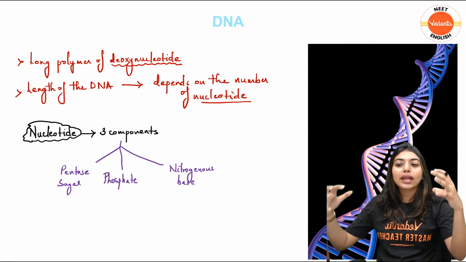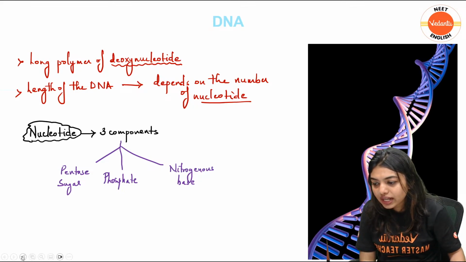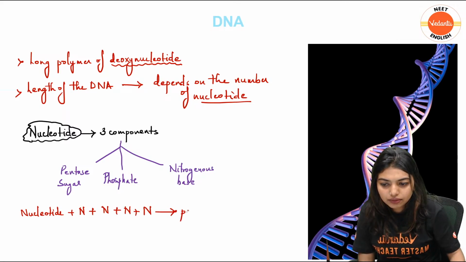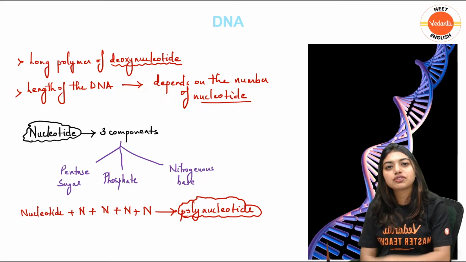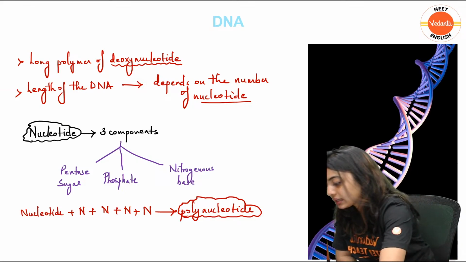These 3 together combine to form your nucleotide. And then what did I tell you? Many nucleotides, that means nucleotide plus nucleotide plus nucleotide, like that many nucleotides will form a chain, and that chain we call polynucleotide. Clear? In your textbook the structure of polynucleotide is given, which we will be discussing. Okay, so far good?